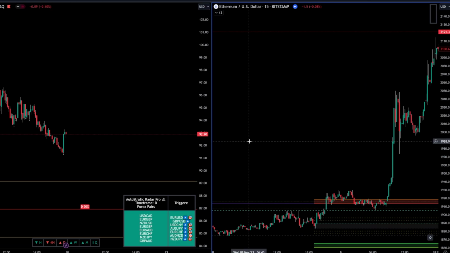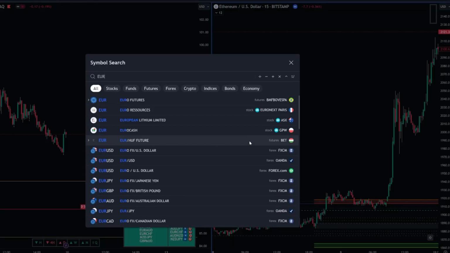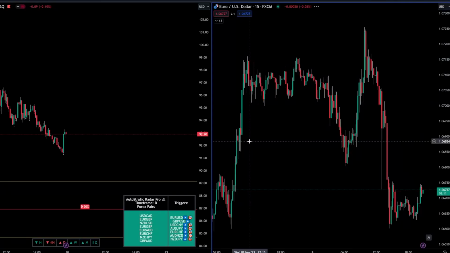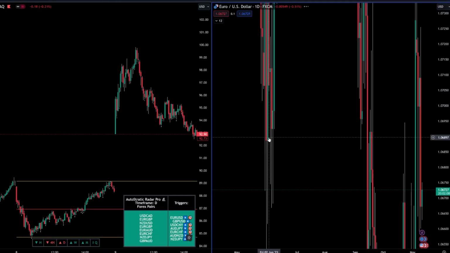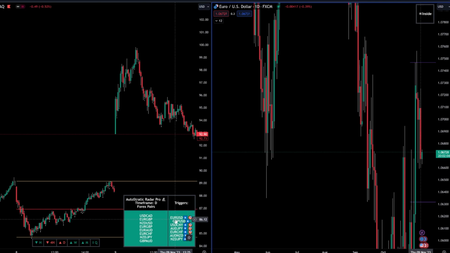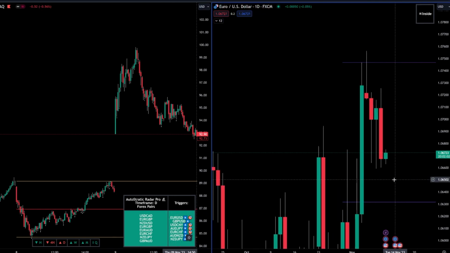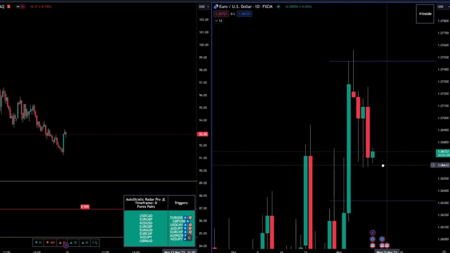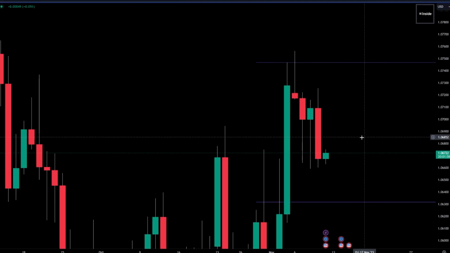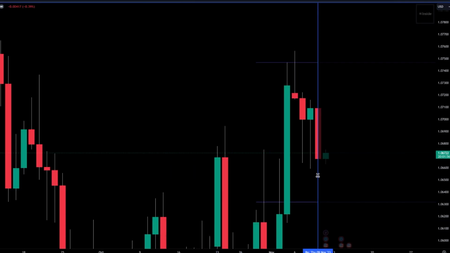And we will go to some ticker here that was showed as having triggered. So I clicked over to EUR USD. So in this case, let's see what happened here.